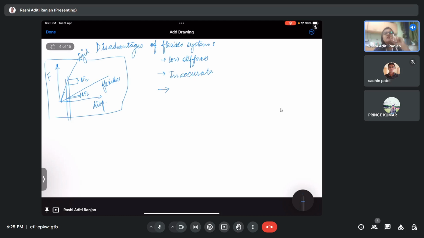Then again a very small variation of force is going to happen, and any error in that is again going to make the system inaccurate. So a very advanced, very accurate, precise control system is required in order to control these kinds of flexible systems. So it is difficult to control, right?